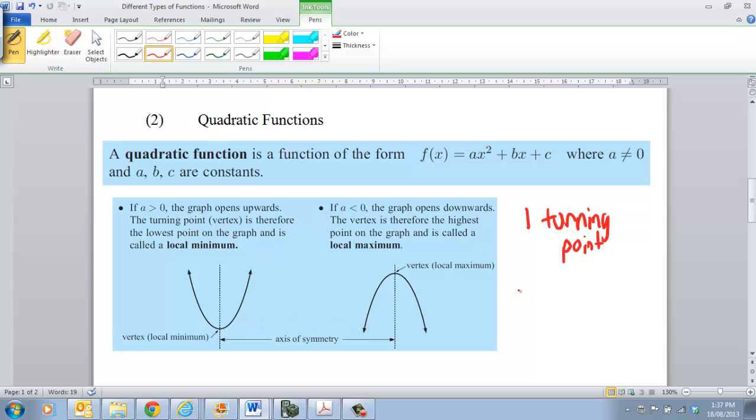Okay, remember that vertex point, there were a couple of ways you could do that. You could either use x equals minus b over 2a, and then the other coordinate was found by putting minus b over 2a into your function.